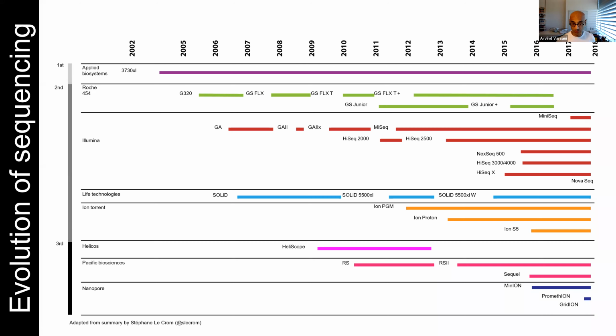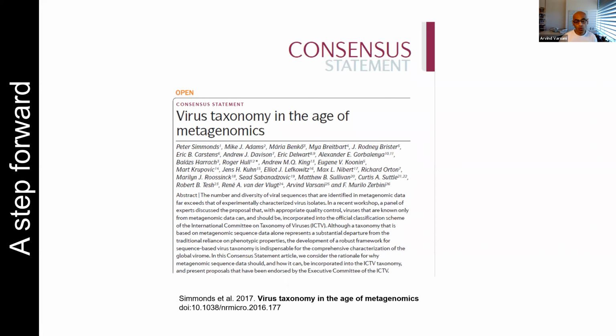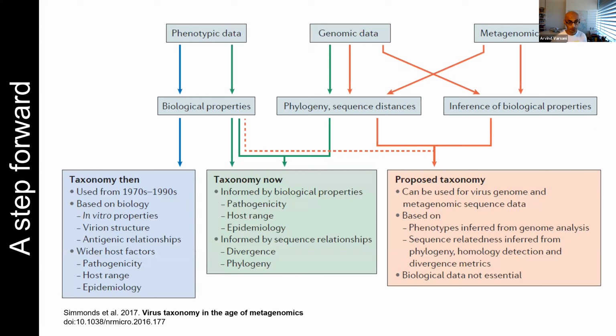So virus taxonomy has been inundated with large amounts of sequence data derived from metagenomic studies, and we've had to come up with a plan to incorporate sequences derived from metagenomic studies into a virology taxonomy framework.